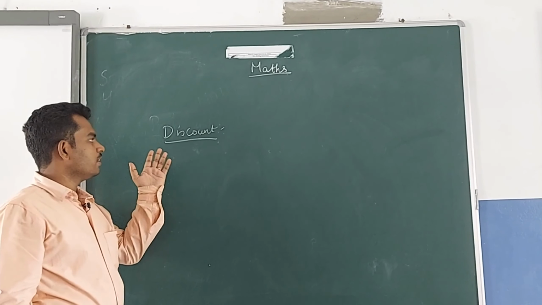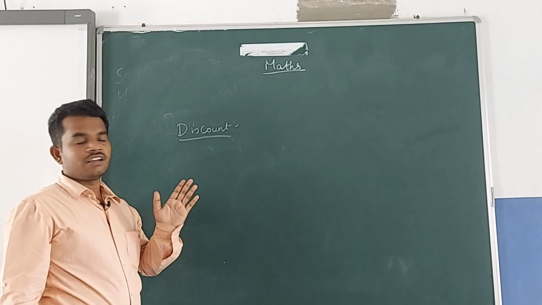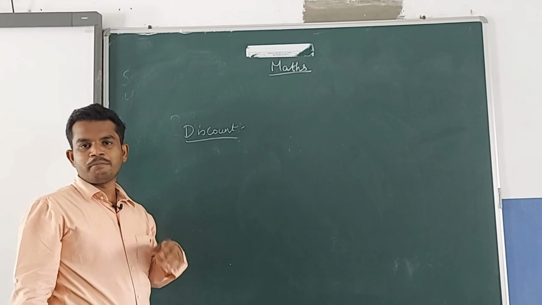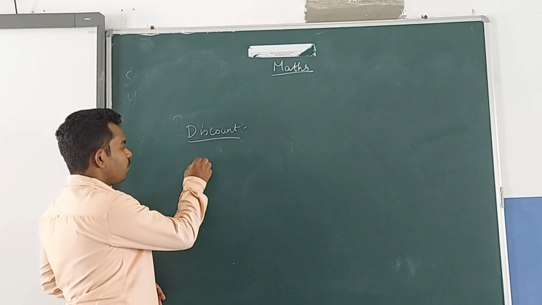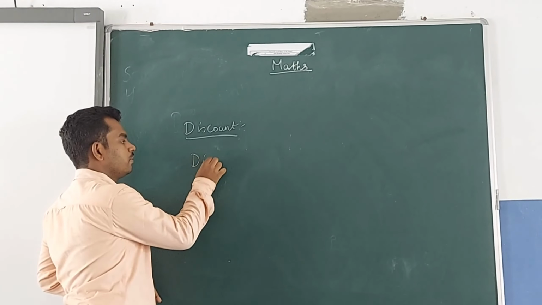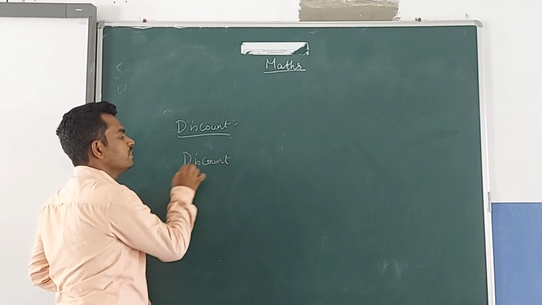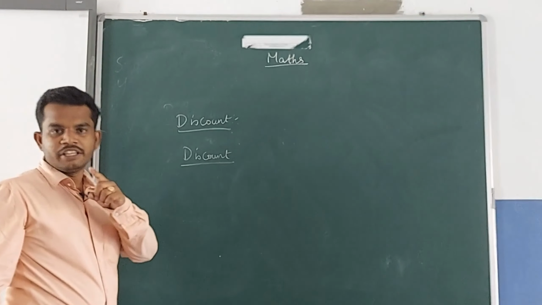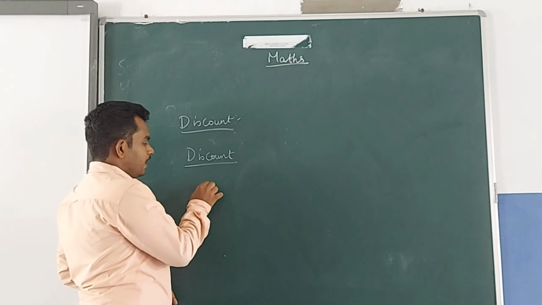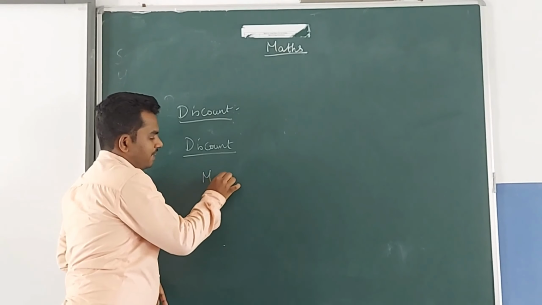Okay, so that way discount is happening. Okay, next, what is the formula for discount? Before going to the discount, you should know the important point, marked price.